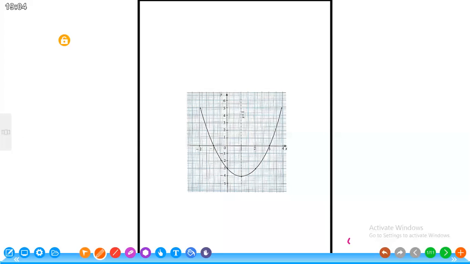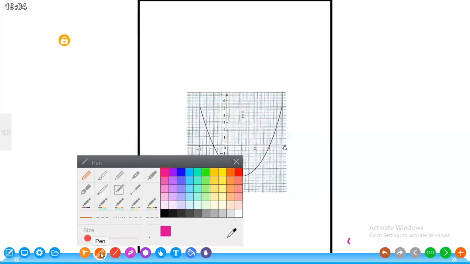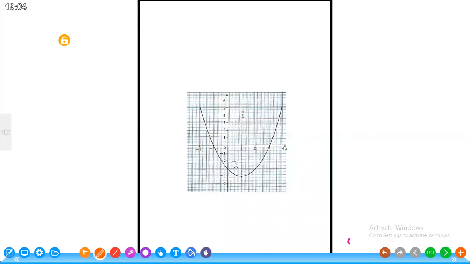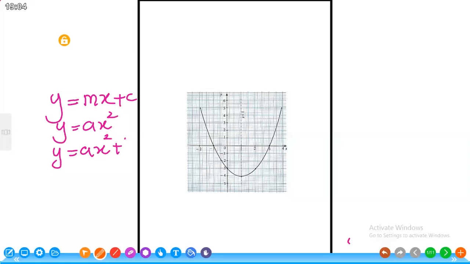In the last class, we have seen the various types of graphs of functions of the form y is equal to mx plus c, y is equal to ax squared, and also y is equal to ax squared plus b.